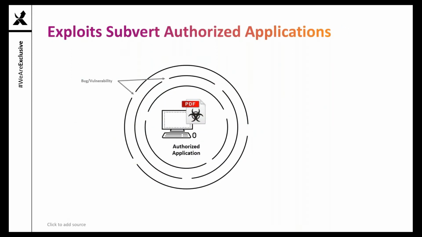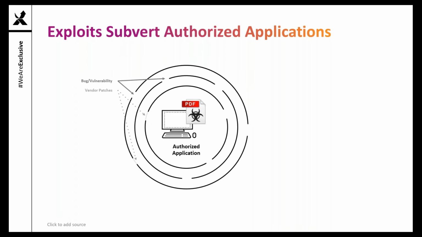Now, when we talk about exploit protection or exploit prevention, okay, so legitimate applications such as Word, Adobe Flash, or Chrome, they often have bugs called vulnerabilities. Now, if we don't patch these vulnerabilities, they can be exploited.